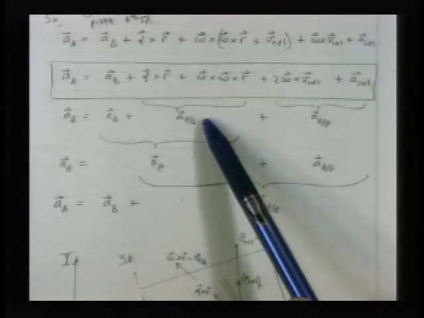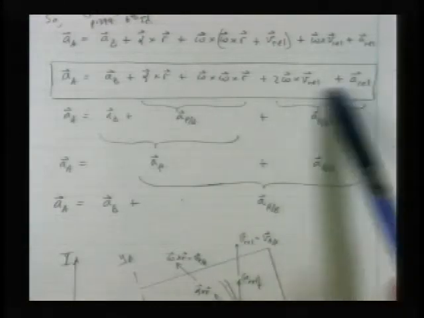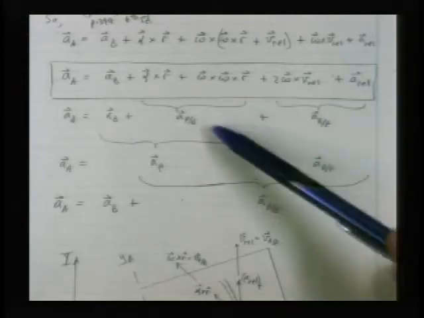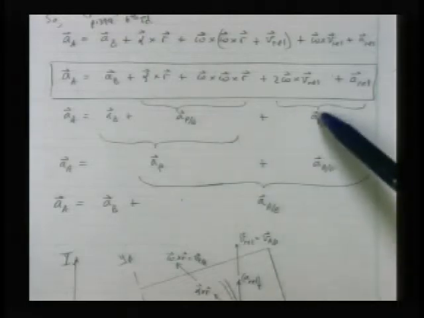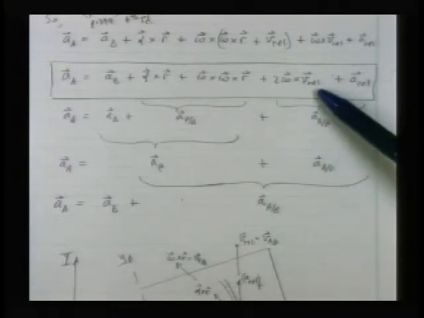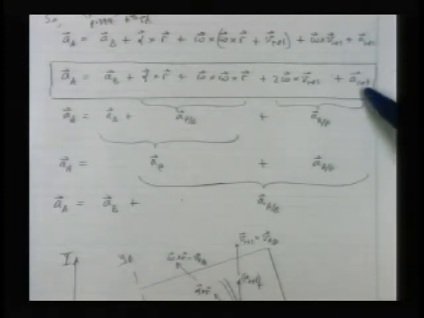And then over here, these last two are a little tougher to understand, but if this is the acceleration of P relative to B, then this must be the acceleration of point A as it moves away from P. And it turns out to be this product and sum.